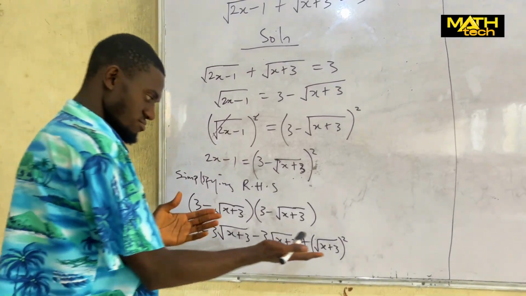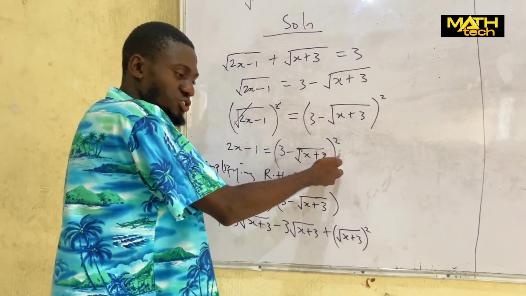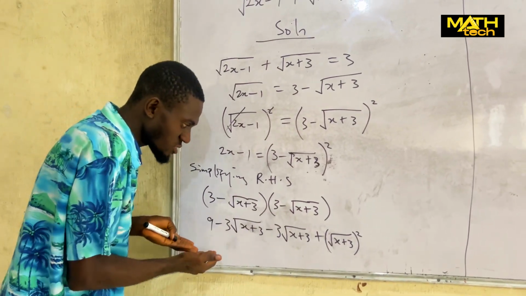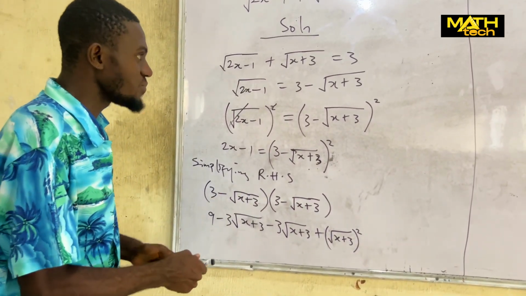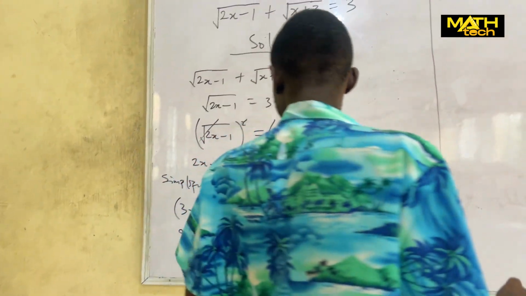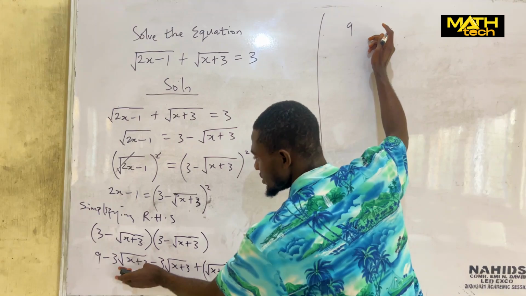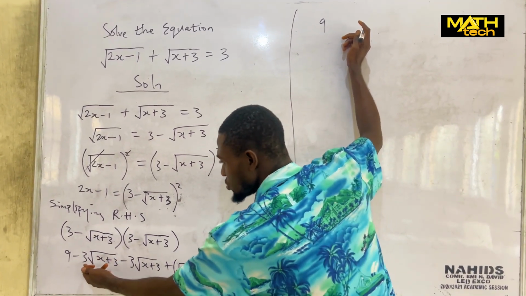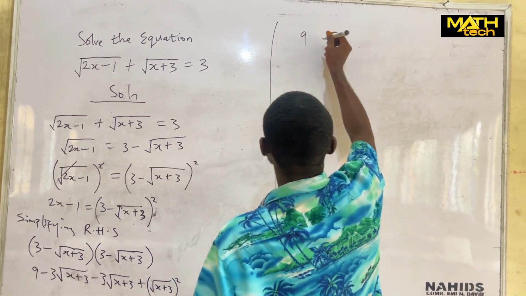This is the expansion of this expression. We can still simplify this further. So simplifying further, we'll have 9. This and this are the same, so they are called like terms. What we do is just work with their coefficients. So minus 3 minus 3 gives us what?